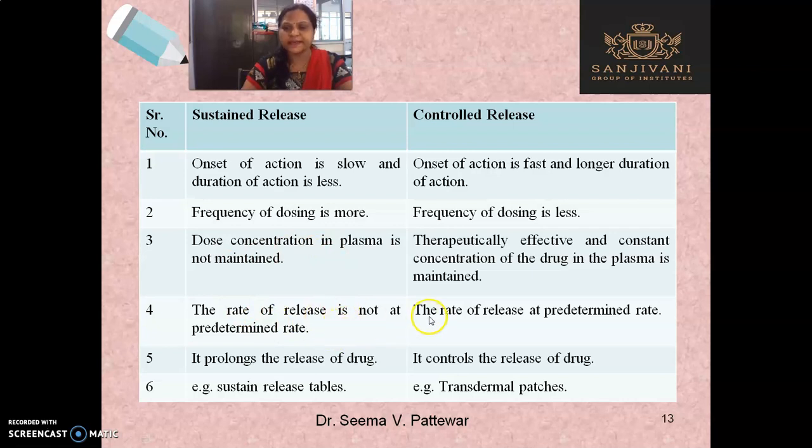In this case the rate of release is predetermined, meaning it is already decided when to release the drug, after 2 hours, after 3 hours likewise. It prolongs the release of the drug and controls the release of the drug. It is our will whether to dissolve that particular drug after 2 hours or 3 hours. Example here is a sustained release tablet, and here is the transdermal patch.